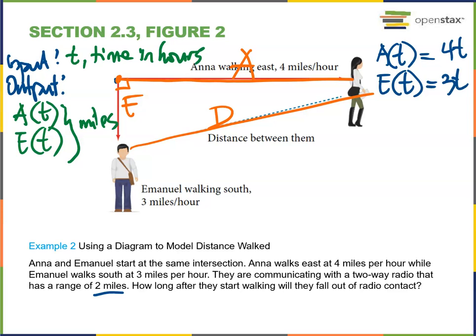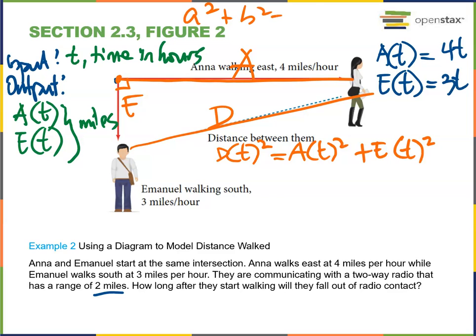Do you remember the Pythagorean theorem? So this is the hypotenuse. So d of t squared equals a of t squared plus e of t squared. Remember, a squared plus b squared is equal to c squared, the Pythagorean theorem.